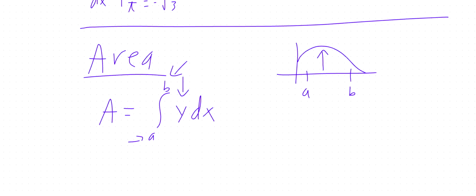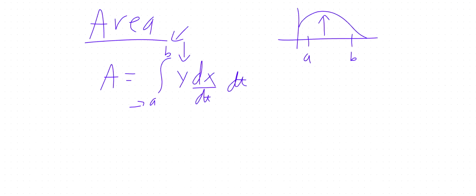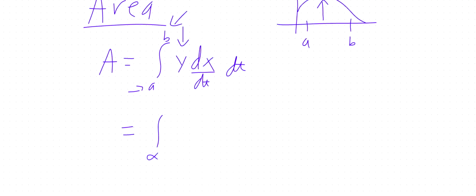So again, using our differentials, a dt there and a dt there would satisfy it. So we're going to go from some alpha to beta, and those are t values of our y of t function times the derivative of the x of t function dt.